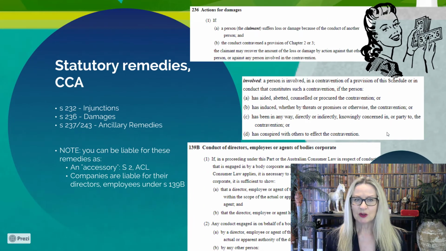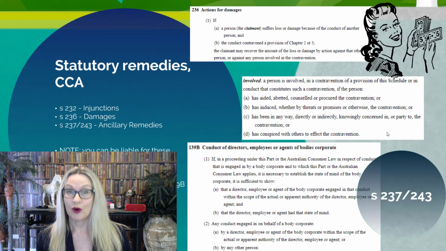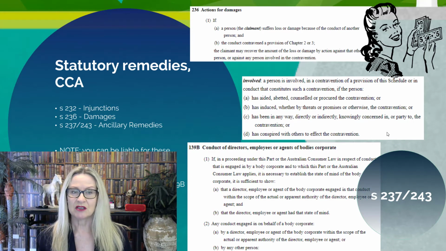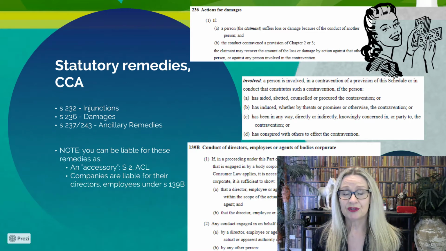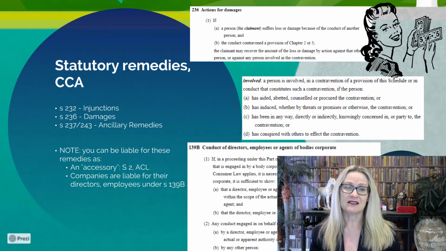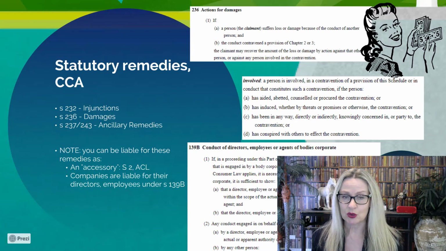The last thing that we need to look at is remedies, and wow, what a grab bag of awesome remedies we have in the Competition and Consumer Act, and particularly in the ACL. Under Section 232 you can get injunctions, but the really interesting cool stuff is under Section 236 damages and 237 ancillary orders.